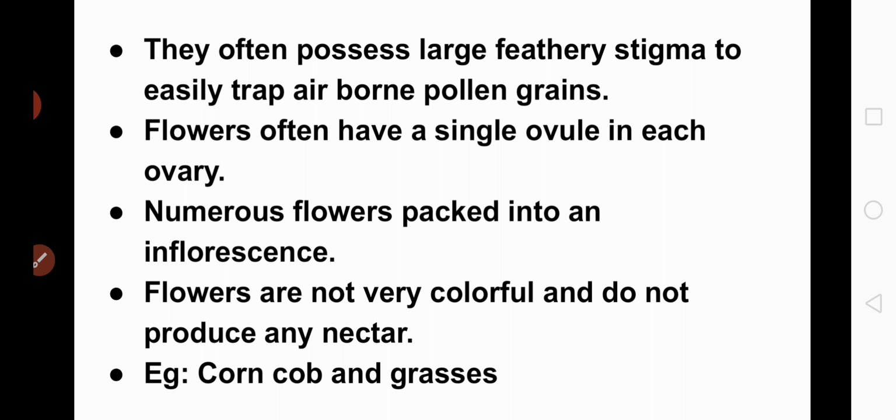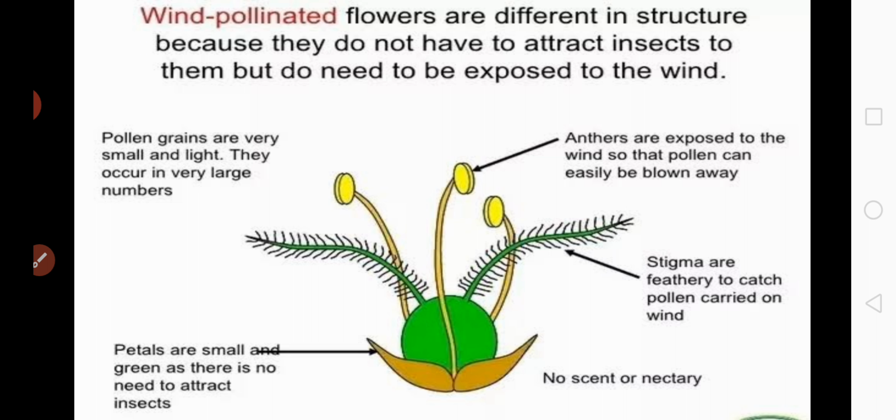The flowers often possess a single ovule in each ovary, numerous flowers are packed into an inflorescence, and flowers are not very colorful and do not produce any nectar. Examples of wind pollinated plants are corn cob, which is nothing but maize, and grasses. These are common examples of wind pollinated plants.